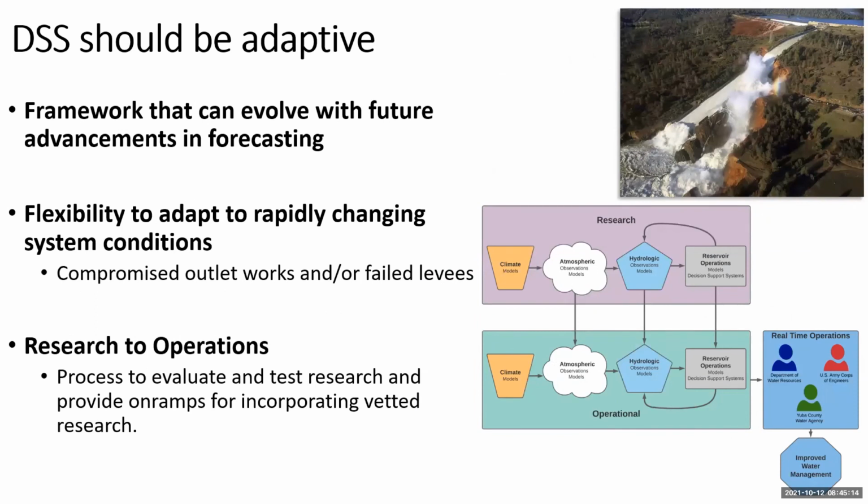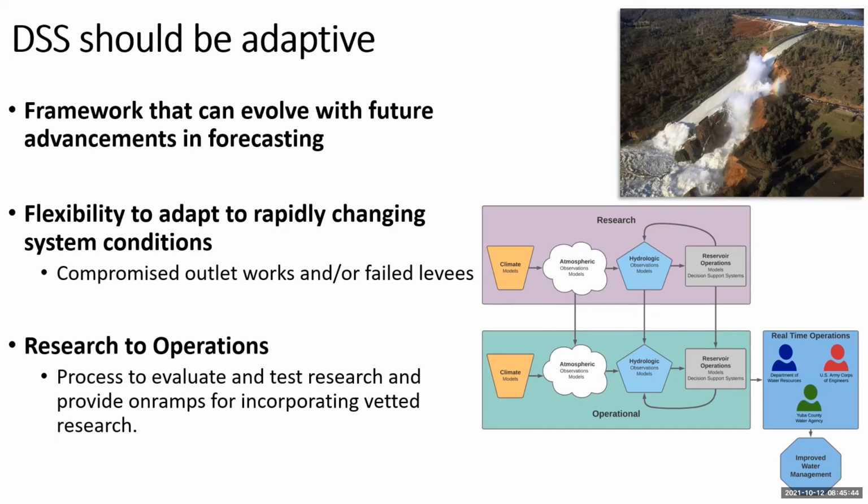And so, to wrap it up, the decision support systems that we design should be adaptive. They should evolve with future advancements in forecasting and technology. They should be able to react quickly to real-world situations, such as compromised outlet works or levee issues downstream.